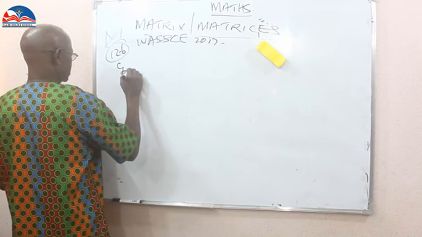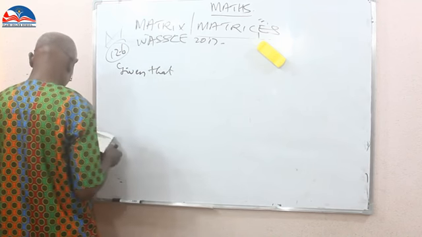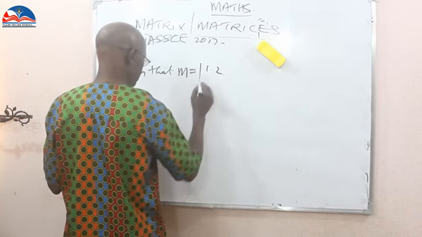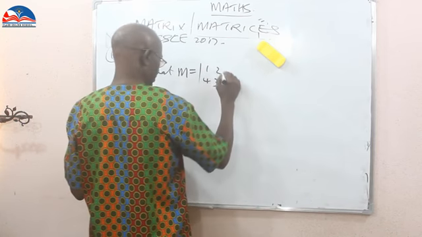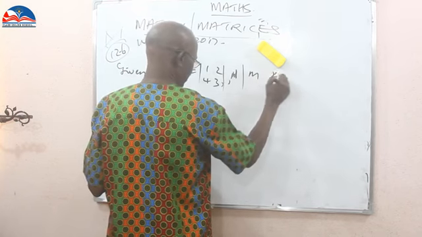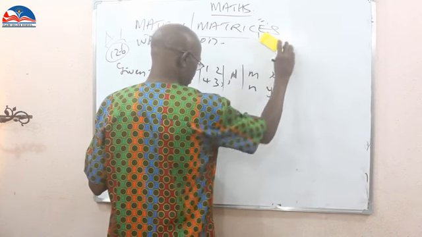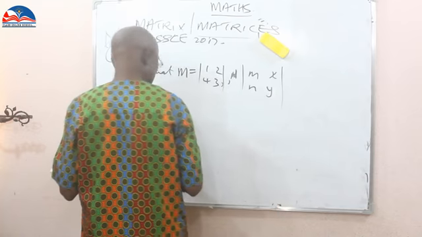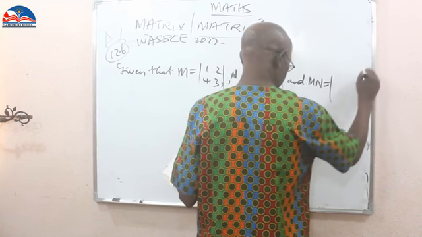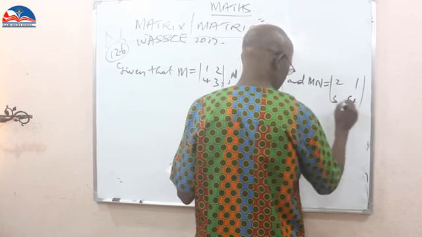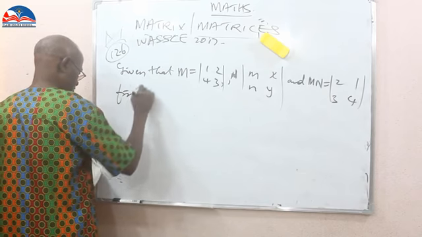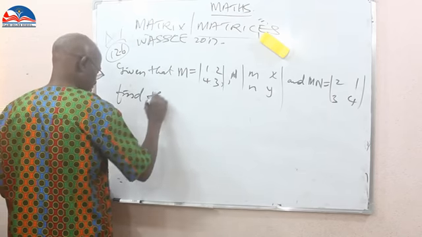Given that M equals 1, 2, 4, 3, and N equals mx and ny, and after multiplication MN equals 2, 1, 3, 4. Find the matrix N.